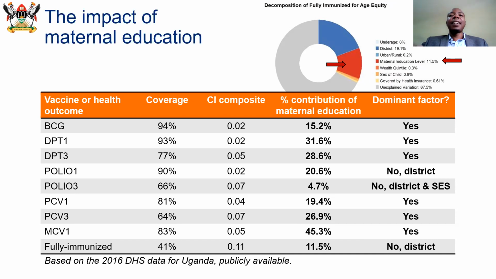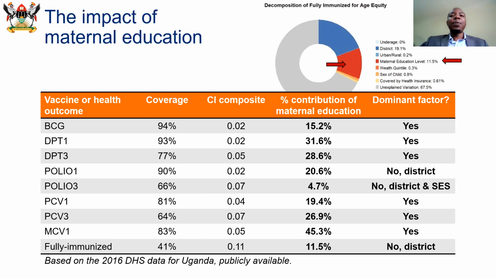We also assessed whether maternal education for each of the antigens could have been a dominant factor in explaining the variations in inequity. And we see that for BCG, DPT, as well as PCV and MCV, maternal education was really a dominant factor. So it re-emphasizes the contribution of maternal education in explaining inequity that we are seeing across regions and districts.